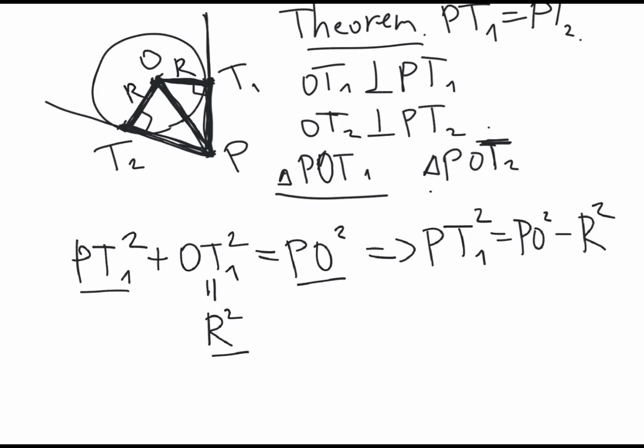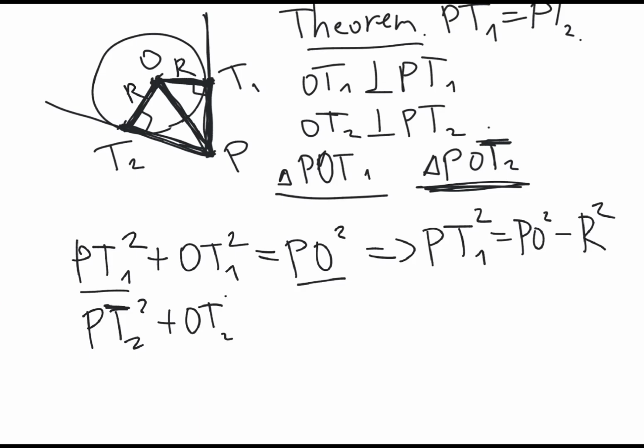And the same when we write the Pythagorean theorem for the triangle POT2, we get PT2 squared plus OT2 squared is equal to PO squared, right?